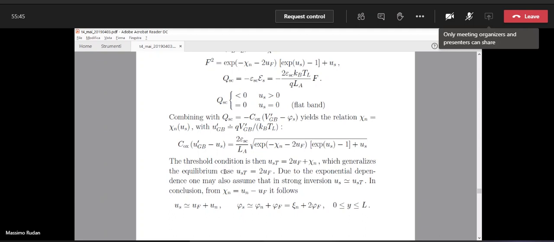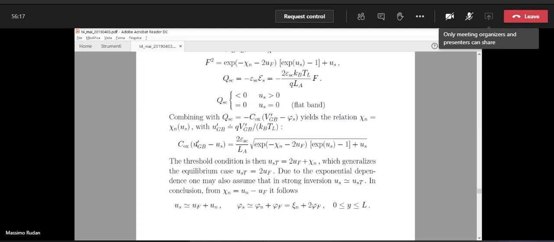Another observation is this: assume that you are at threshold. What does it mean? It means that the gate voltage has been selected in such a way as to impose that US is equal to 2UF plus chi-n. So we impose the threshold condition by controlling UGB prime.